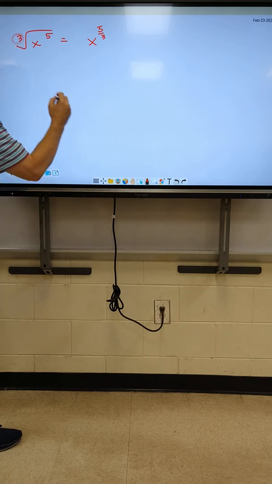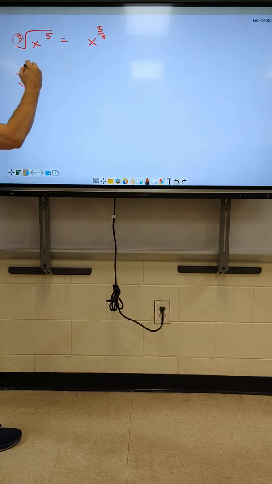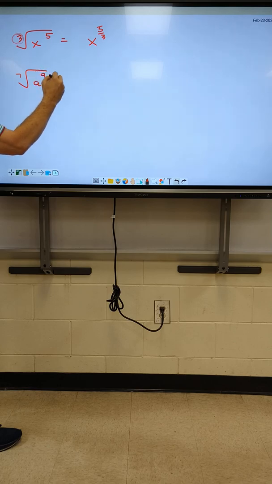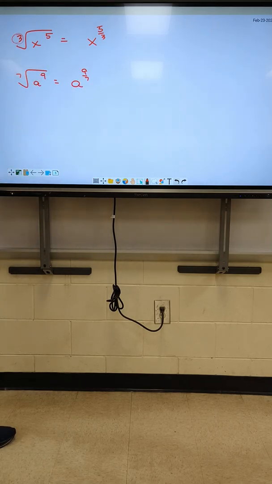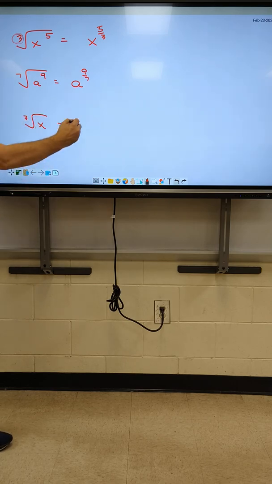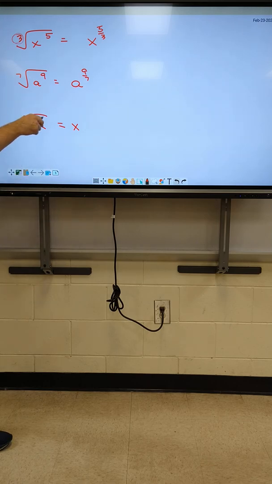Let me give you another one. What if we have the 7th root of a to the 9th? It would be a to what power? 9 over 7. All right, everybody good? Let me give you another one. Cube root of x. It's going to be x to the what? There's an understood 1 right there, correct?